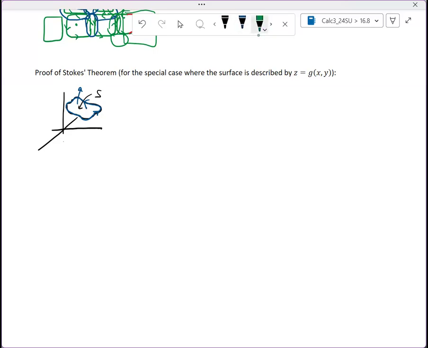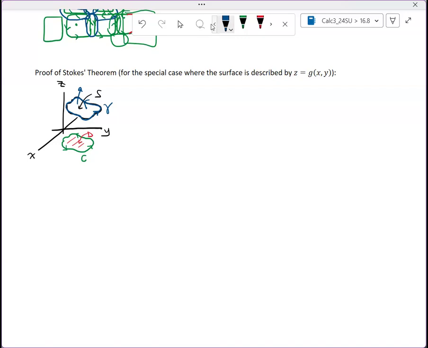That surface is g of x, y for some domain in the xy plane, with the usual x, y, z. And here we have a boundary curve, and we have a domain D. I'm going to call this boundary curve C. And I'm going to choose to call this boundary curve gamma because I was starting to run out of letters.